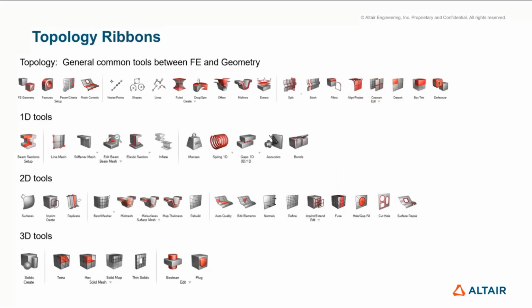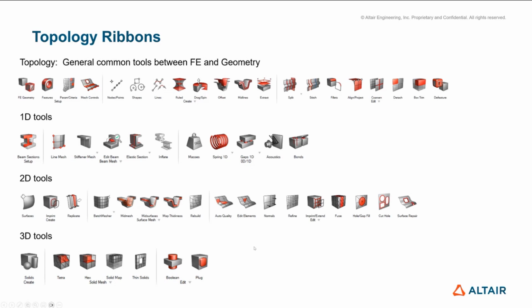So instead of a 1D, geometry, mesh elements layout, we now have a topology tab, which is all the common tools between mesh and geometry. We then have the 1D tools, and I think there are still some migrations, as when we took these screenshots a couple of other tools were being migrated into 1D as well.